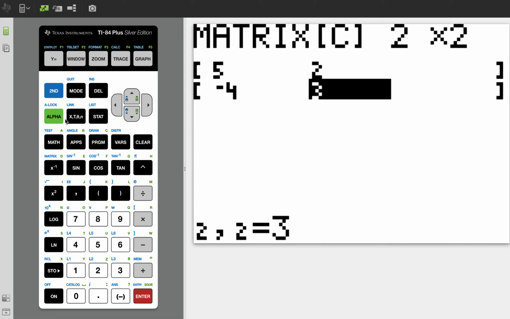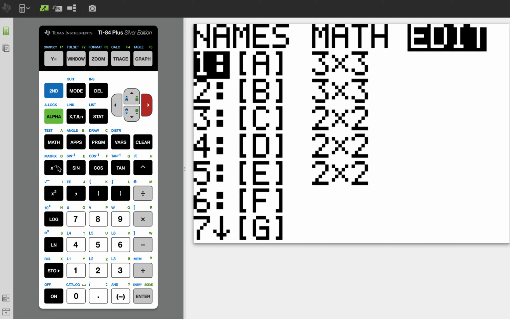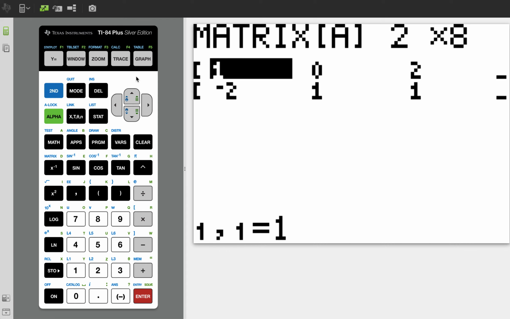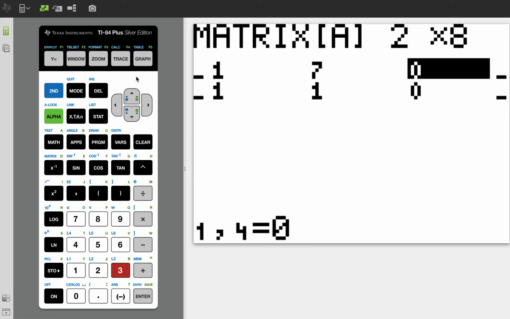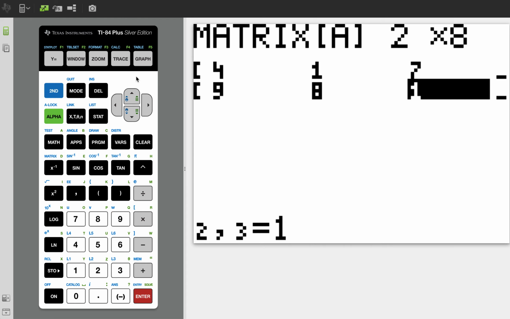Now let's go back into the matrix, and I'm going to edit A there. This one needs to be a 2 by 8. So 4, 1, 7, 3, 1, 2, 3, 4. Next line is 9, 8, 7, 6, 1, 3, 5, 7.